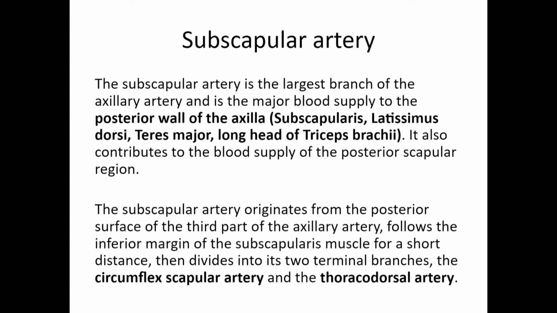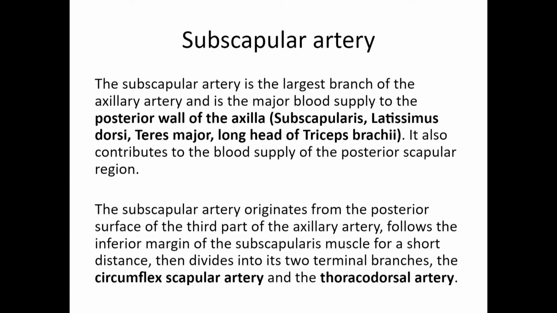And also the subscapular artery, as we already saw on the first slide, creates the blood supply for the scapular bone and the region, right? The subscapular artery originates from the posterior surface of the third part of the axillary artery, which, as I mentioned already, is below the pectoralis minor muscle.